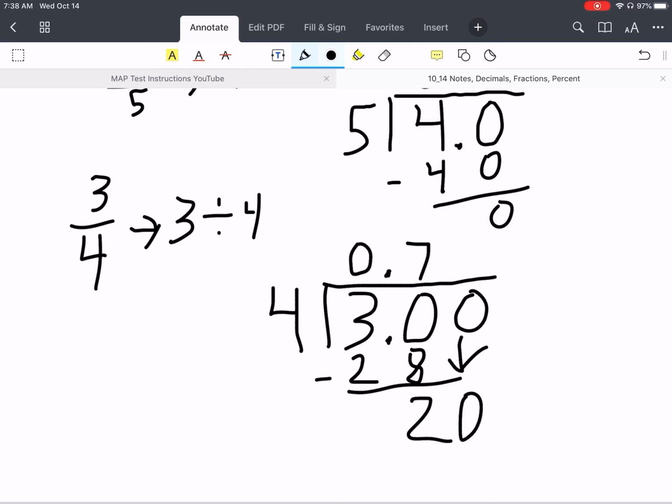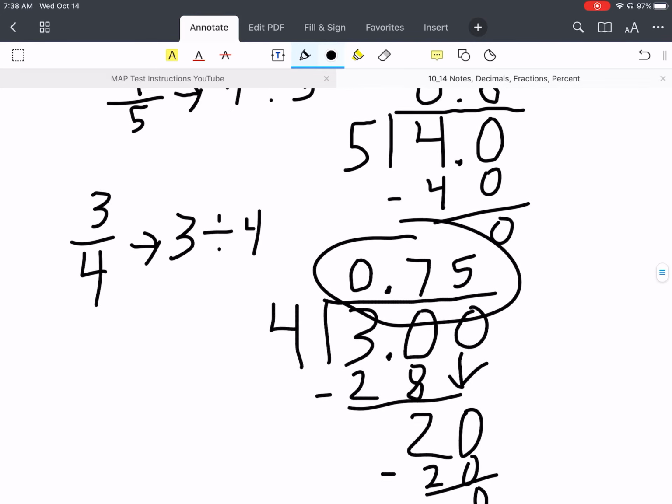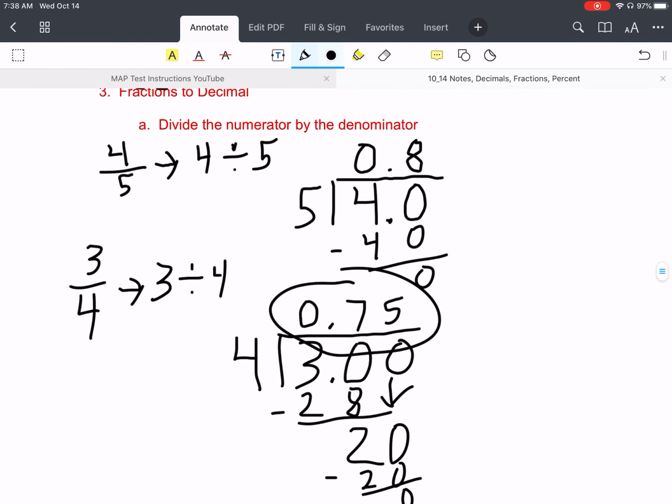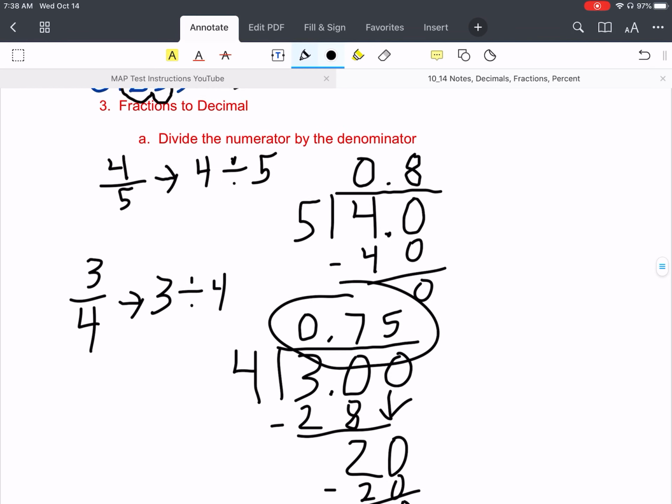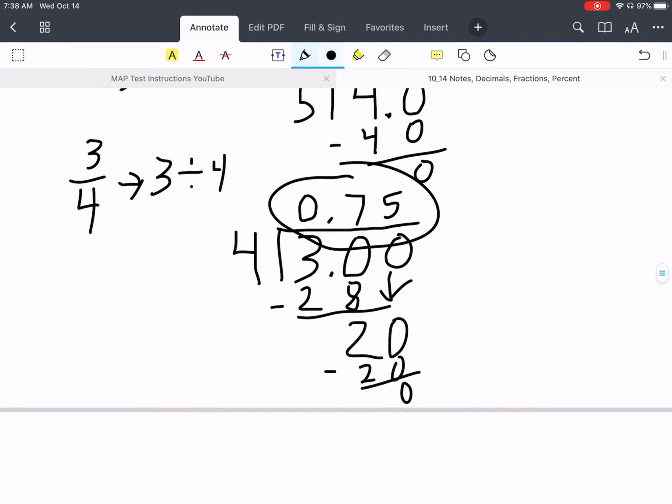We can see that 4 goes into 20 5 times. And now we have no remainder. So 3/4 converts to 0.75 or 75 hundredths. So converting a fraction to a decimal is definitely the most difficult piece.